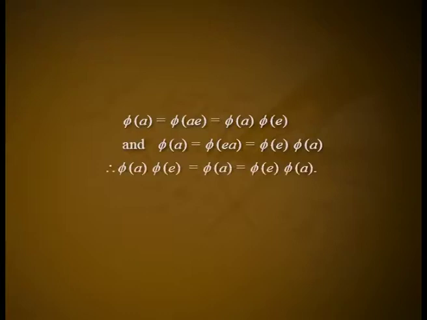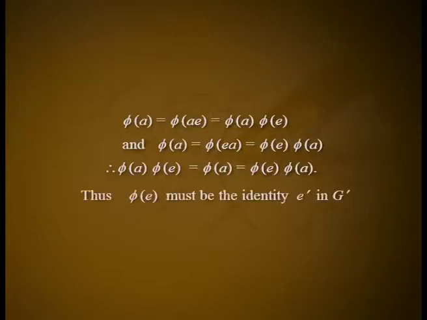Proof. Let φ be a homomorphism of G into G'. Also suppose e is the identity in G and e' is the identity in G'. Then 1. φ(a) = φ(ae) = φ(a)φ(e), and φ(a) = φ(ea) = φ(e)φ(a). Therefore, φ(a)φ(e) = φ(a) = φ(e)φ(a). Thus, φ(e) must be the identity e' in G'. Alternatively, 1 can be proved as follows.